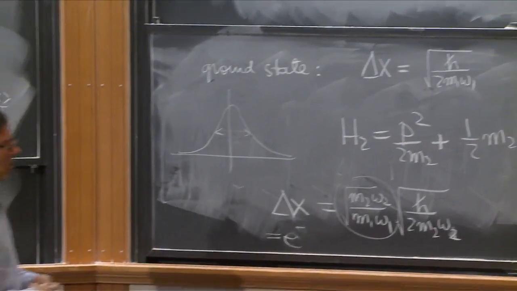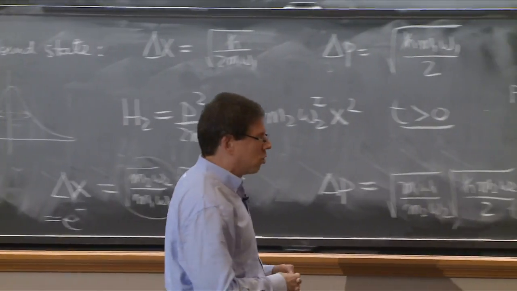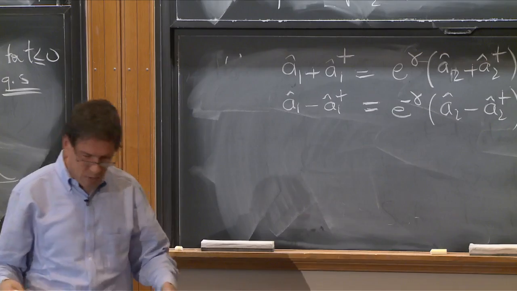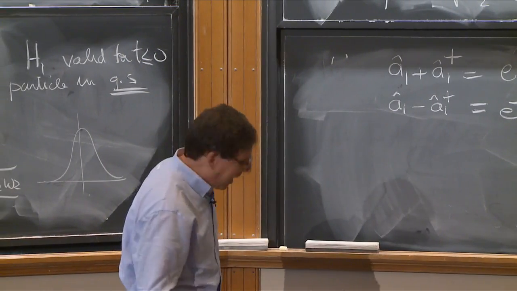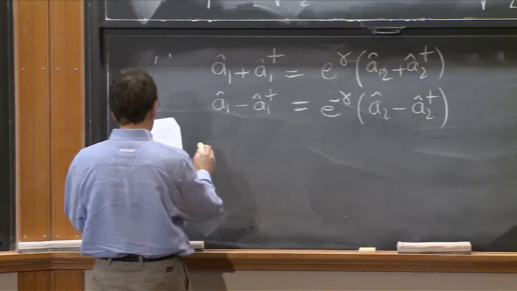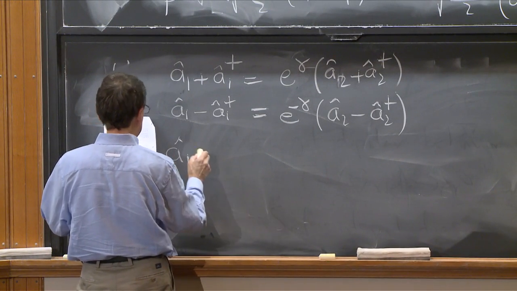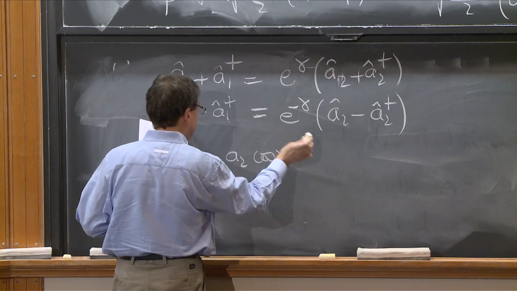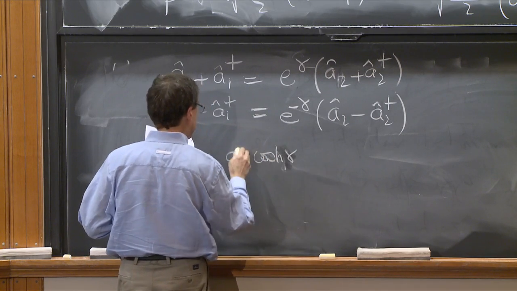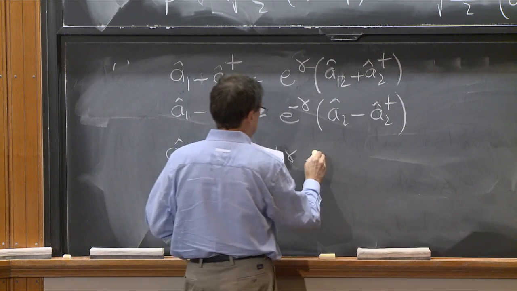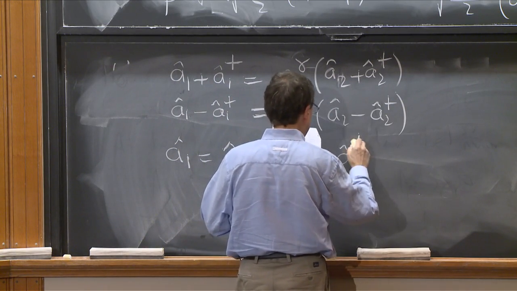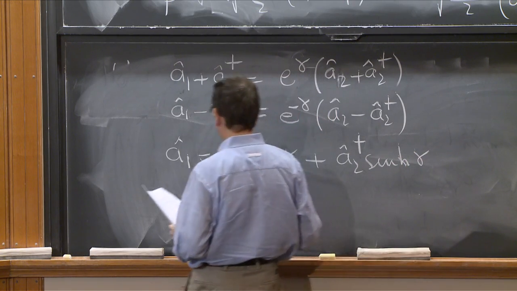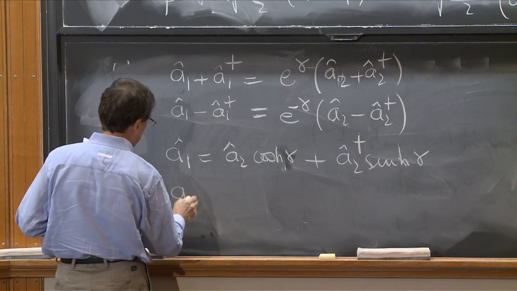And now we can solve for a1 and a1 dagger in terms of a2 and a2 dagger. And what do we find? a1 is equal to a2 cosh gamma plus a2 dagger sinh gamma. And the dagger is what you would imagine.